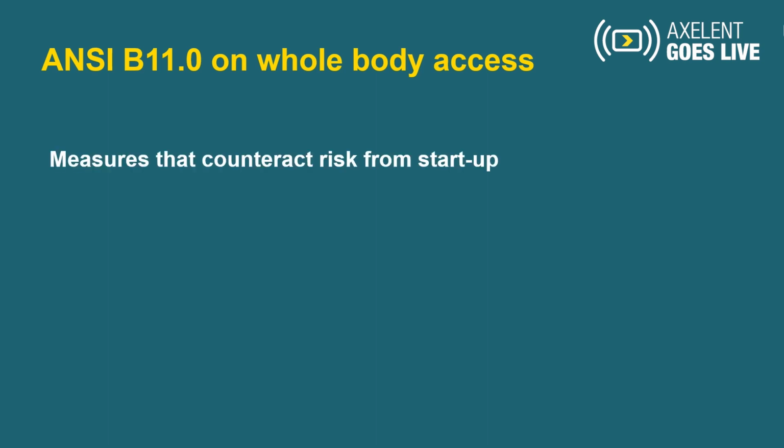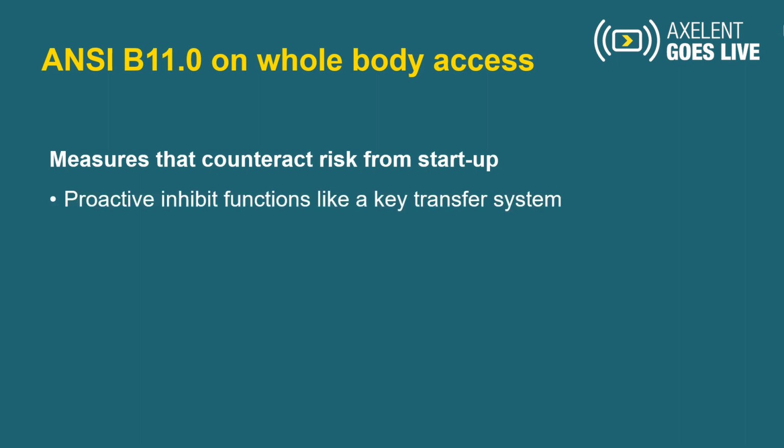There are a number of options available in B11.0 and related standards like B11.19 for safeguards or B11.20 for machinery systems that integrate several machines. And here are 4 of these that are now in the B11.0. Proactive inhibit functions like key transfer systems or trap key systems.